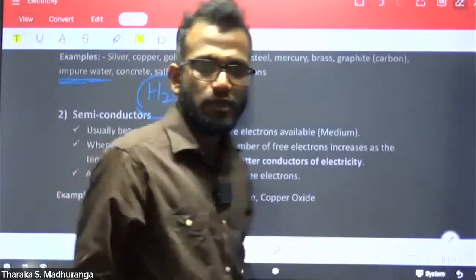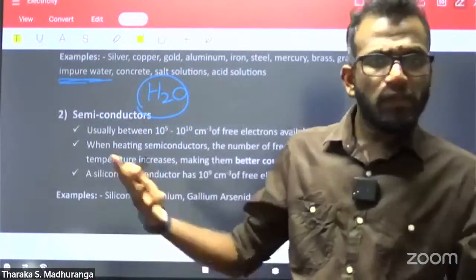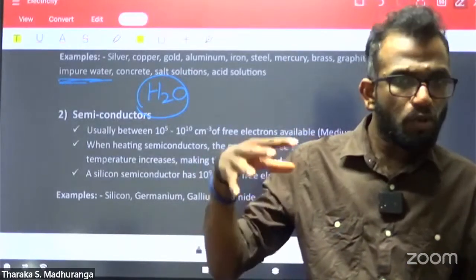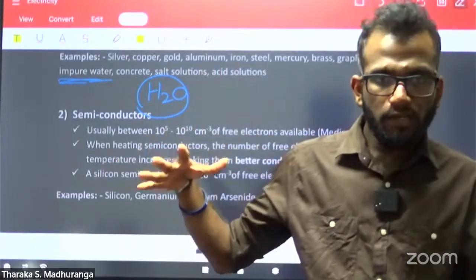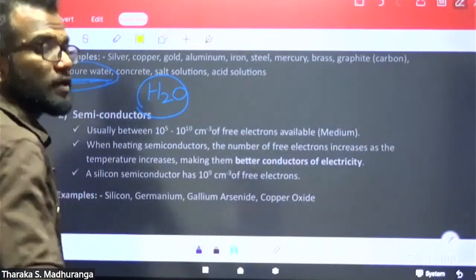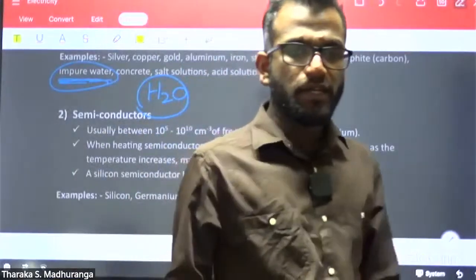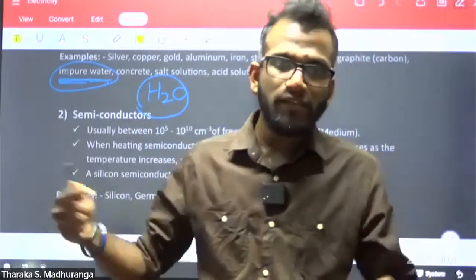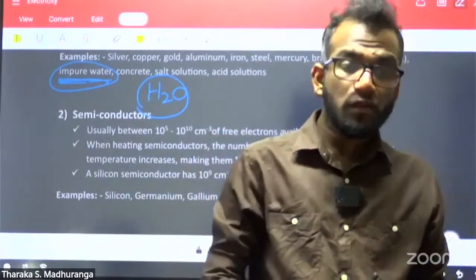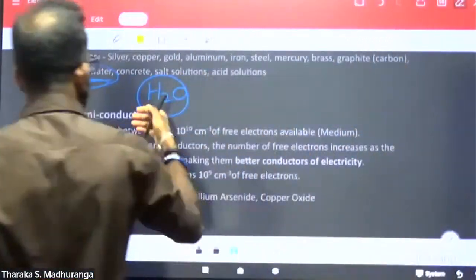Wastewater is also a conductor. Pure water is not an electric conductor, but impure water is, meaning H2O combined with different charged ions. That is an electric conductor.